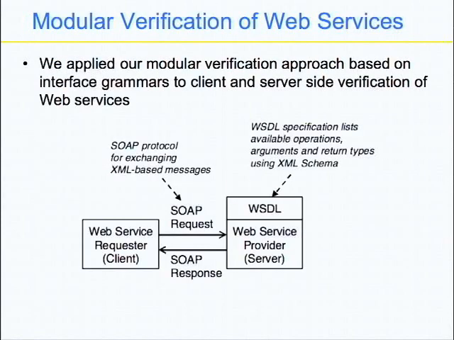So for the web services, this is the scenario I was describing. We have a web service client which is making SOAP requests to a web service which has a WSDL interface, okay? And it's getting SOAP responses. So I want to check the client and the server, and I want to make sure that they behave according to the interface specification.